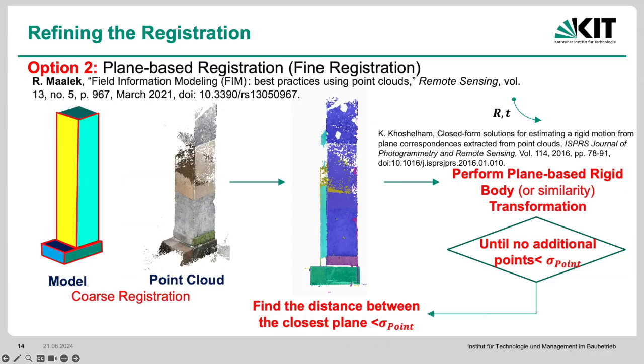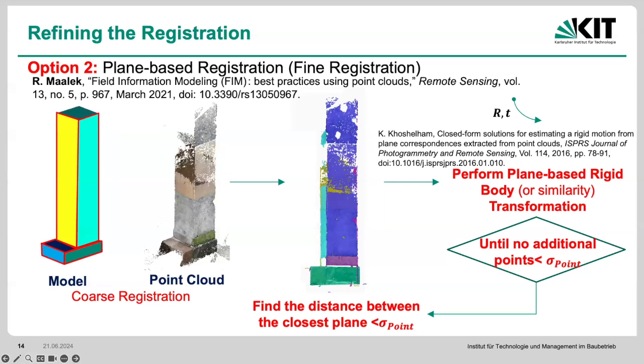Instead of having a plane-based registration with respect to planar surfaces, we actually take all of those points, assume that they are a planar surface, and then we register the point to the plane directly, not point to point. That is significantly better, faster to converge, and it's more accurate, actually.